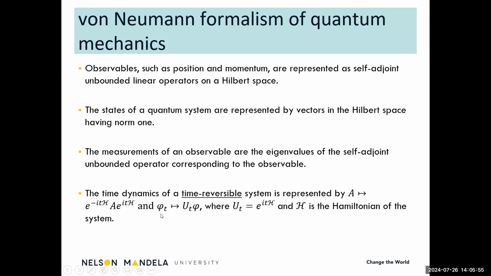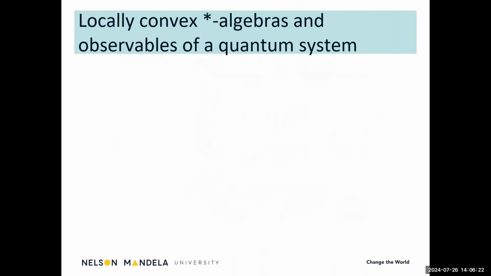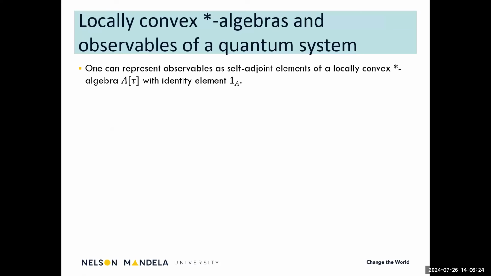And then the state goes from phi to U of t of phi, where U of t is the unitary operator e to the ith, with H being the Hamiltonian of the system, assumed self-adjoint. That is the usual von Neumann formalism in quantum mechanics when you try to make all of it rigorous.